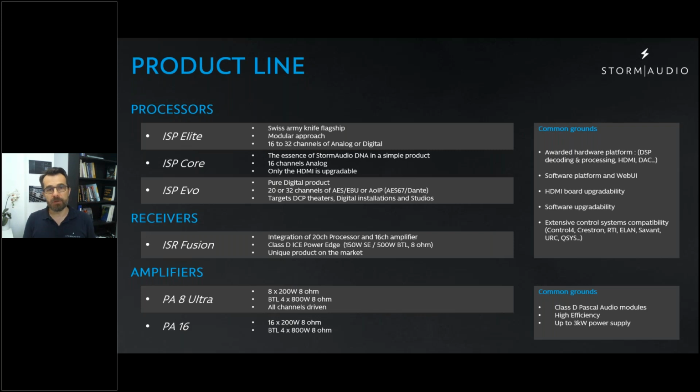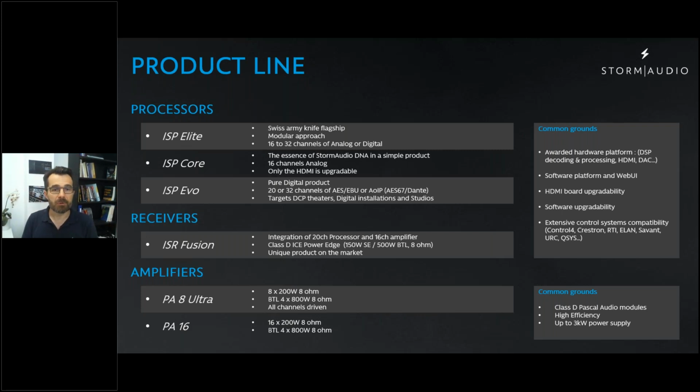And the third product that we launched earlier this year is the ISP Evo. And this one is a pure digital processor, meaning that you can go into systems where you actually do not need analog cables anymore. You drive everything in digital, whether this is point-to-point with the AES/EBU link, where you can have 16 in, 32 out, or you take the audio over IP, and in that case, you can have 32 inputs up to 32 outputs.